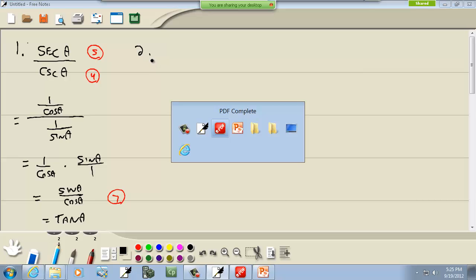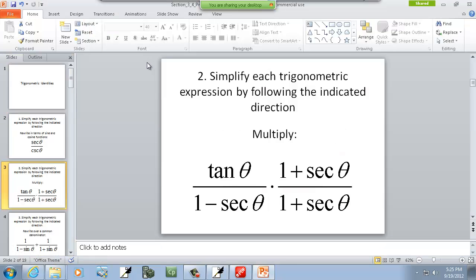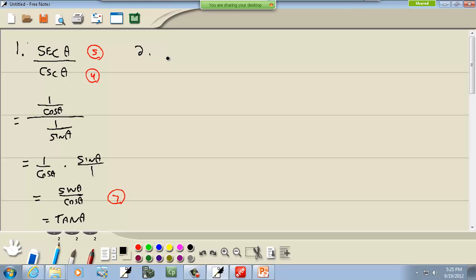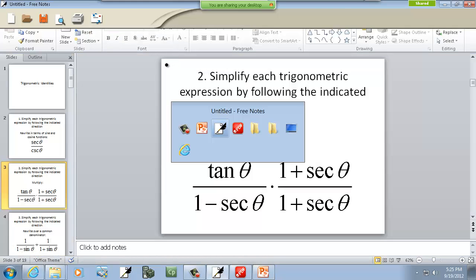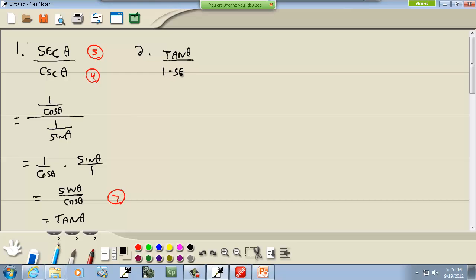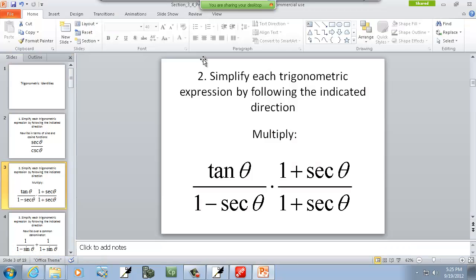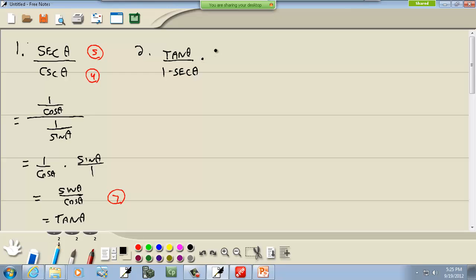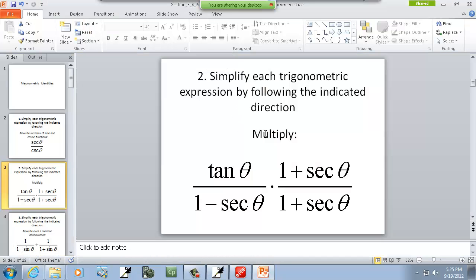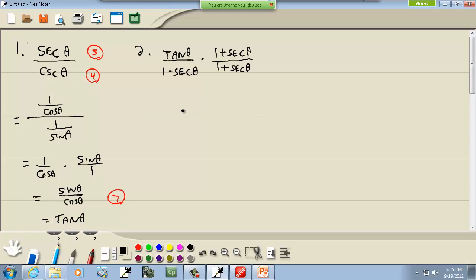Let's take a look at the second one. We have tangent theta over 1 minus secant times 1 plus secant over 1 plus secant theta. And it says to multiply these, and then we'll simplify. Well, the top part, when I say multiply those, I'm just going to put them next to each other.